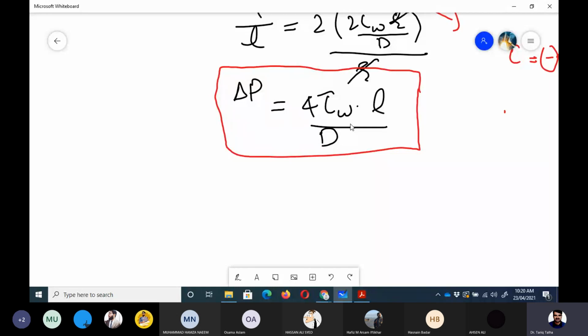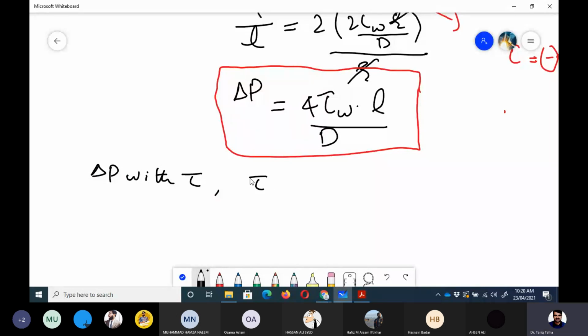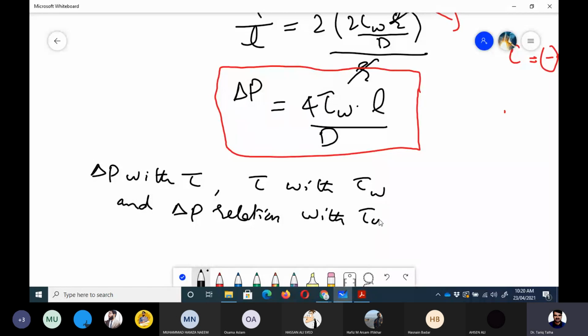Now, we continue with our discussion. Up till now, to summarize, we have found the relation of delta P with tau, then tau with tau omega, and then delta P with tau omega.